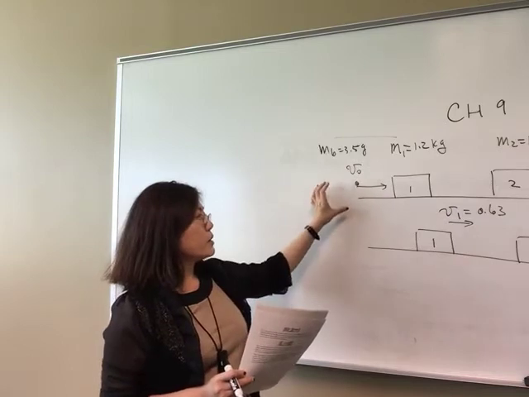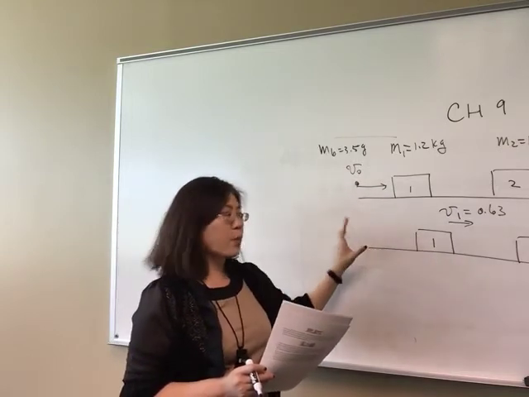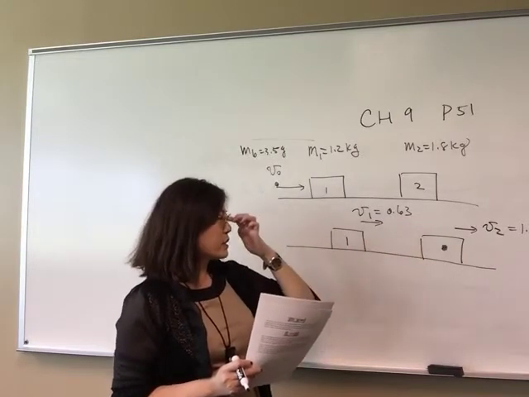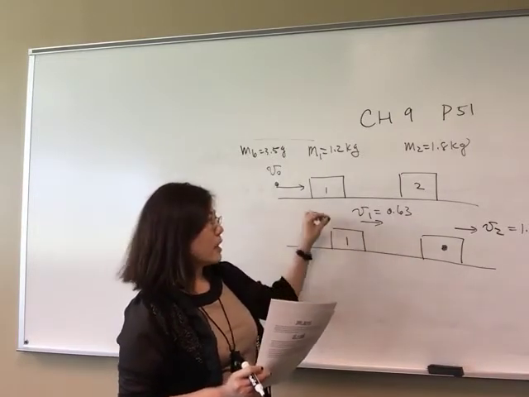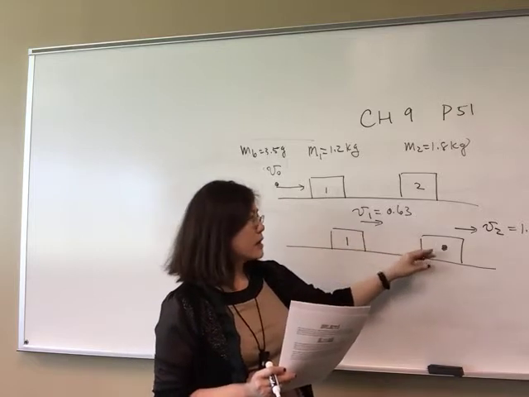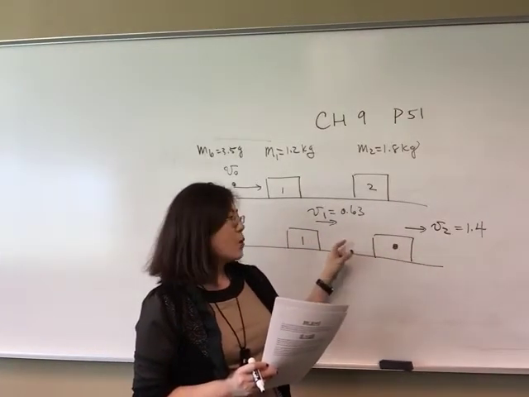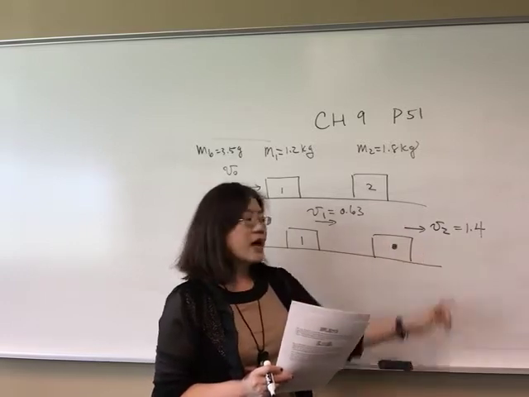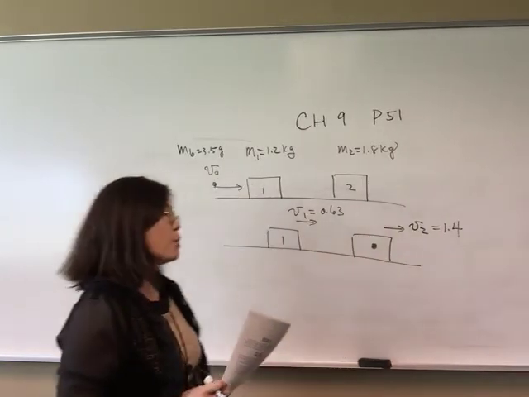Once the bullet passes through the first block, the block acquires a velocity. It's moving in the same direction, and simultaneously the bullet continues its track and then strikes block 2. Once it strikes block 2, it's embedded in block 2, and the whole thing is moving at a velocity of 1.4 meters per second.